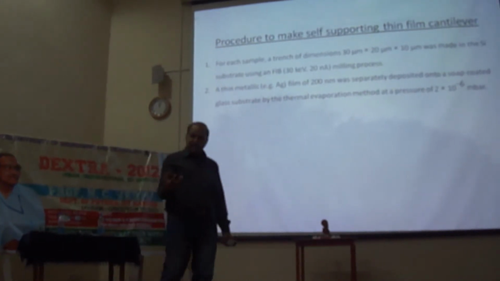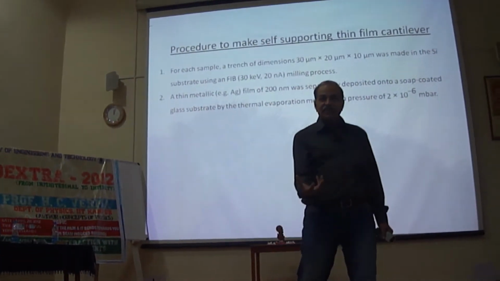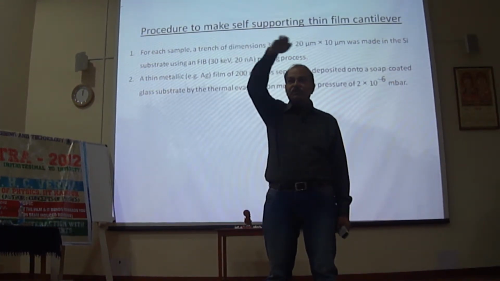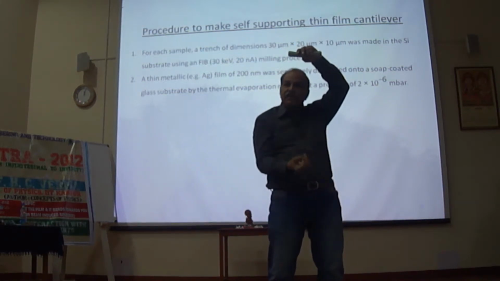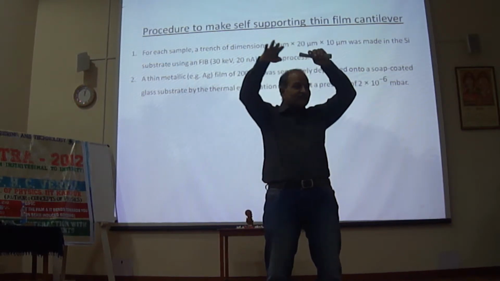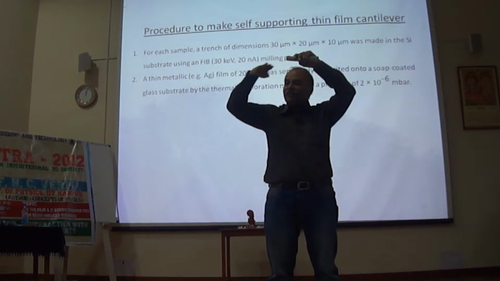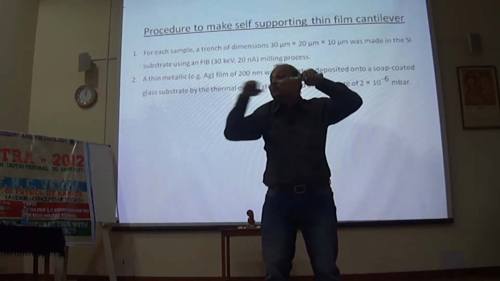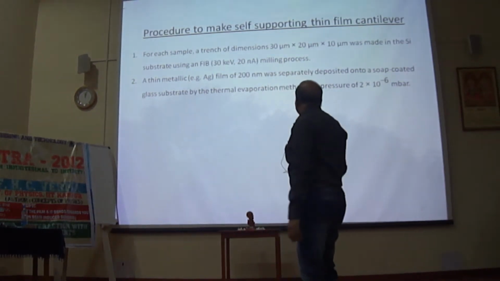So that metal is thermally heated in some boat or something, and the substrate is put on the top like this. So the evaporated metal atoms just go and sit on the surface. That's known as thermal deposition. So that is how this metallic film is deposited, 200 nanometer thickness, and the substrate was soap coated. Okay, why soap coated?